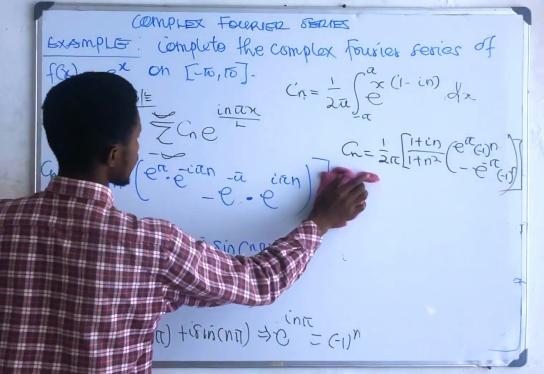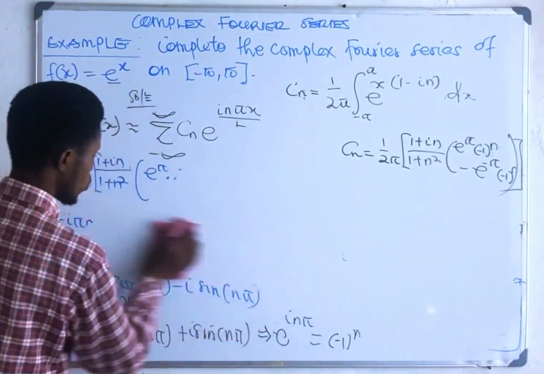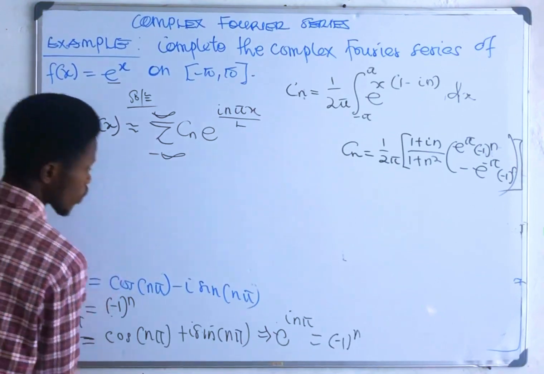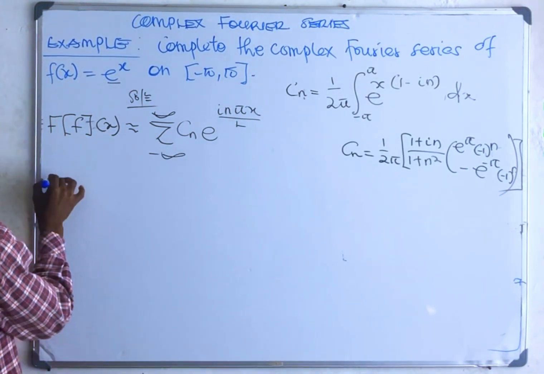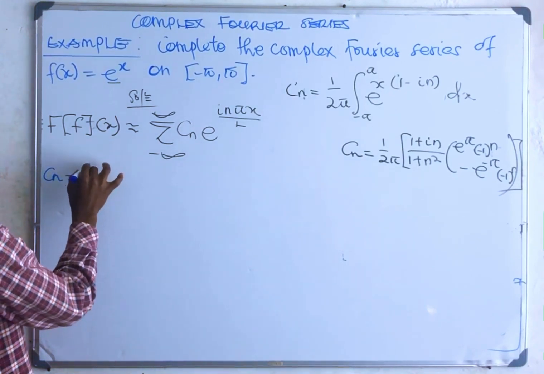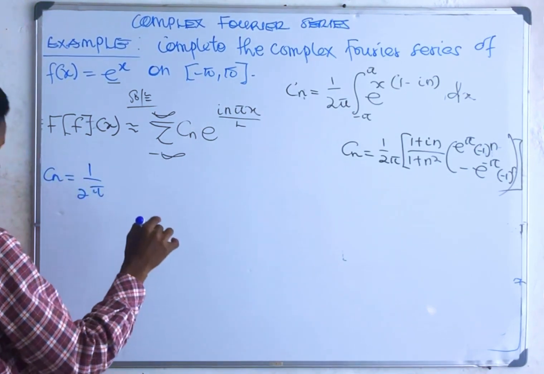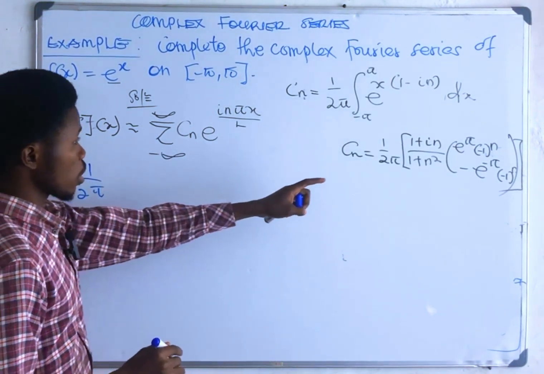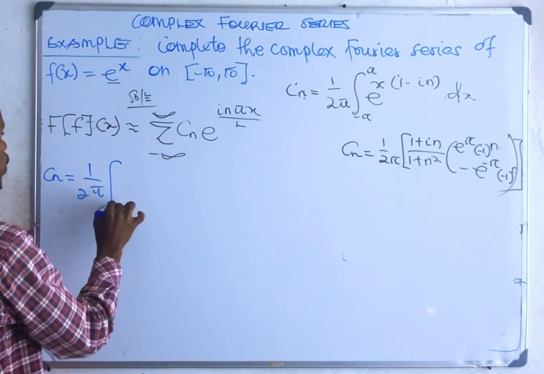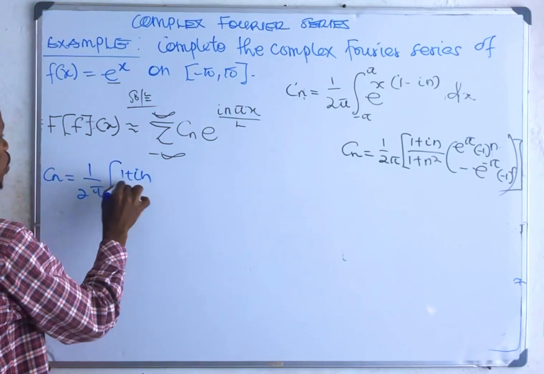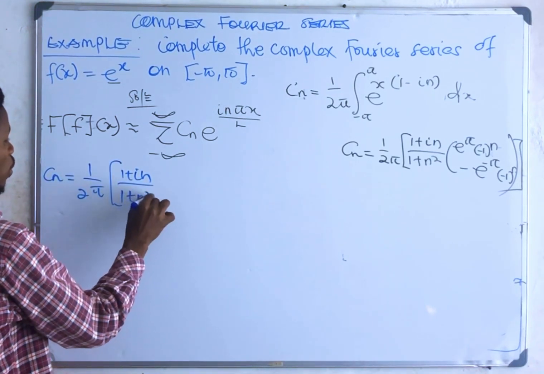Let me clean this side so that it will be clear. So my Cn is equal to 1 over 2 pi, times (1 plus in) over (1 plus n squared).